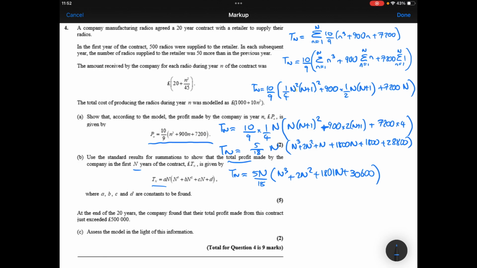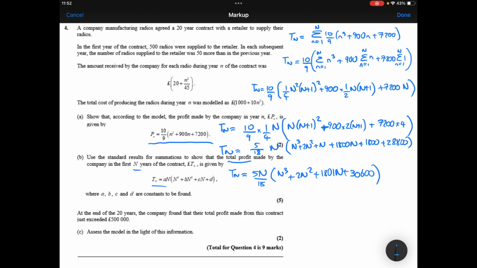Part C says, at the end of the 20 years, the company found their total profit made from this contract just exceeded £500,000, and we need to use that information to assess the model.